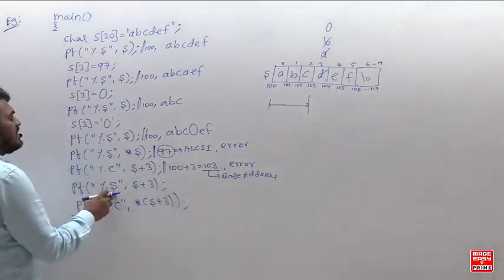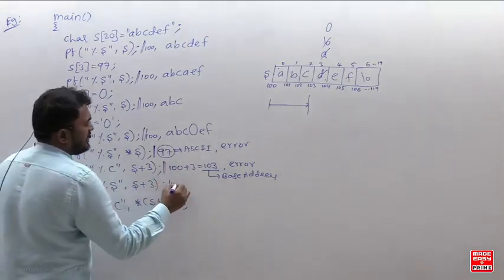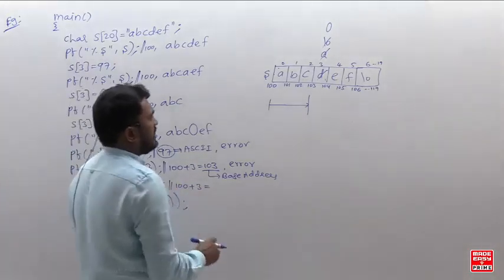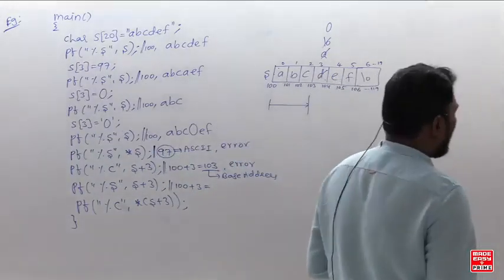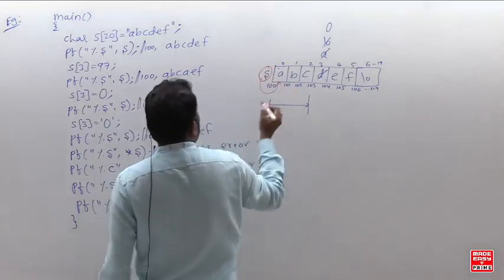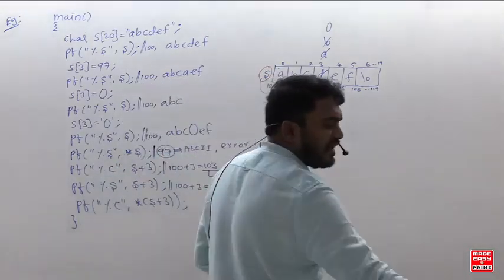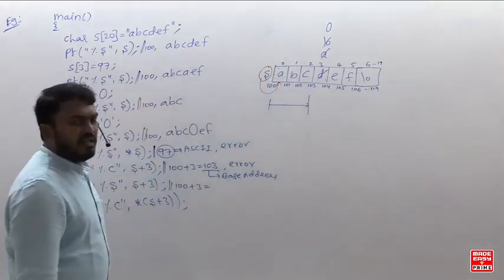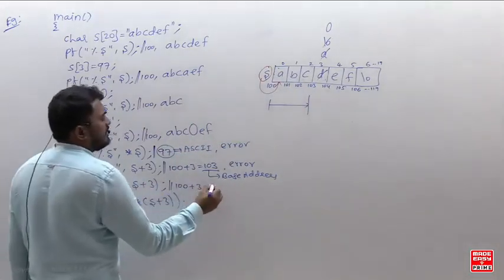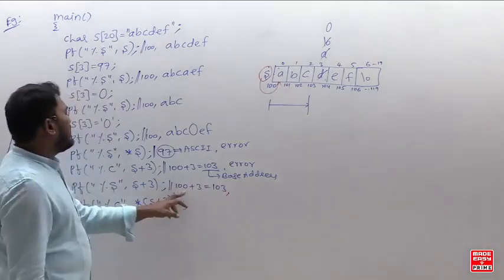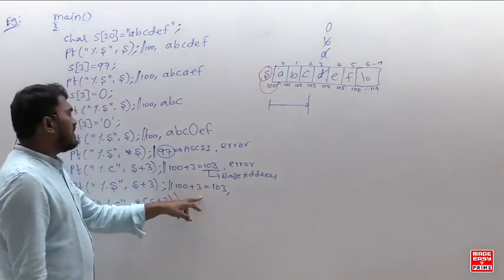So next, percentage S, S plus 3. Now tell me, S means what? 100. 100 plus 3. Okay, look here. If anybody is having a doubt, S is an array name without subscript, so it points to the base address. S plus 3: every element is having 1 byte. When I say 100 plus 3, I am writing 103. Why am I writing 103?